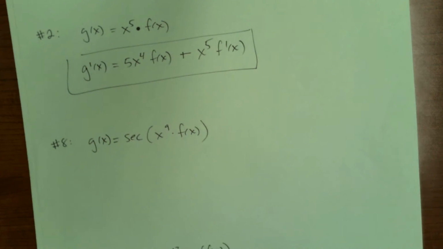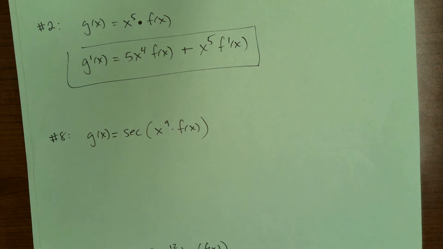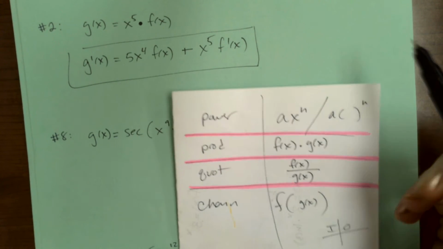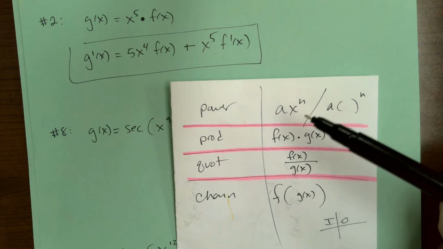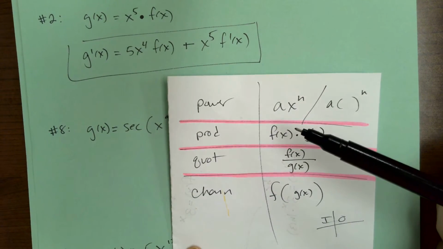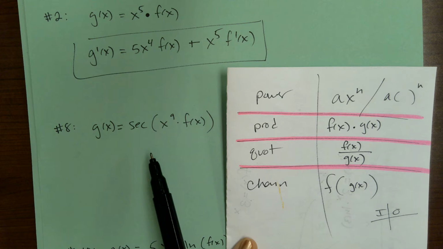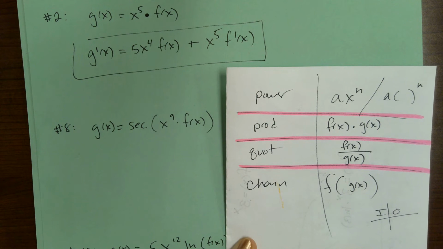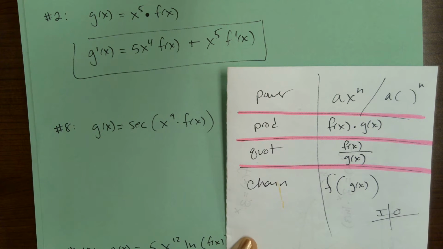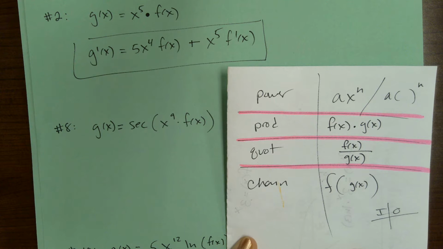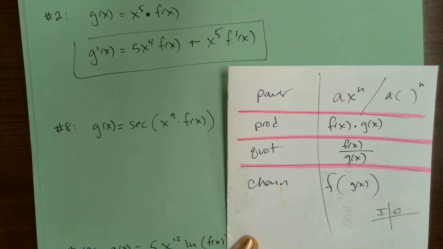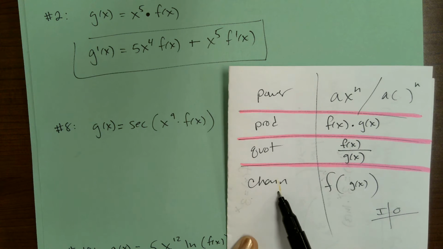All right, now this one. So the first thing that you want to ask yourself is, is this function primarily a product of 2 other functions, a quotient of 2 other functions, or is it a composition of functions, meaning that we would use chain rule?